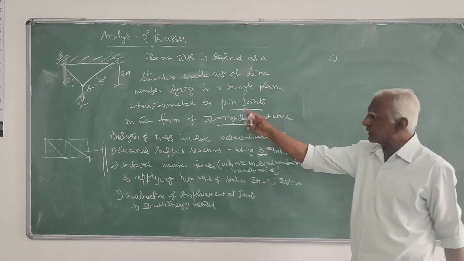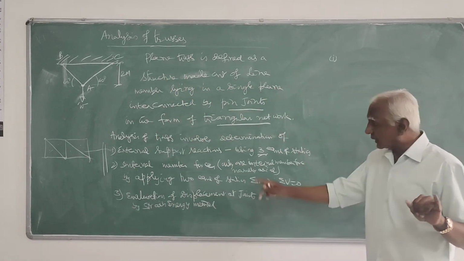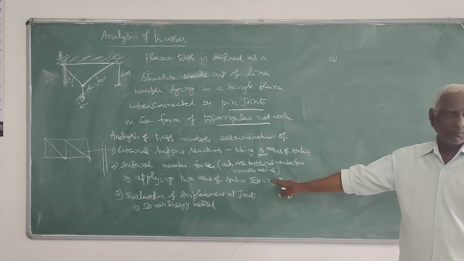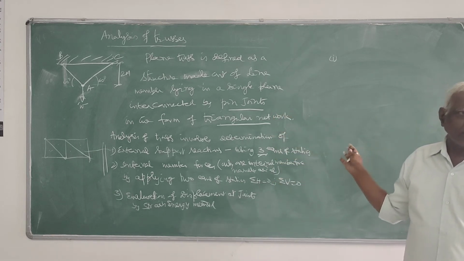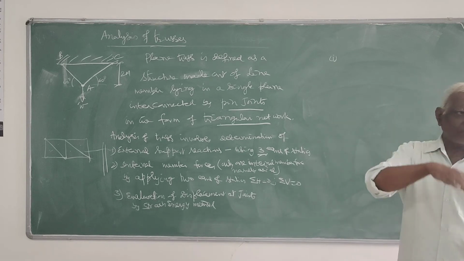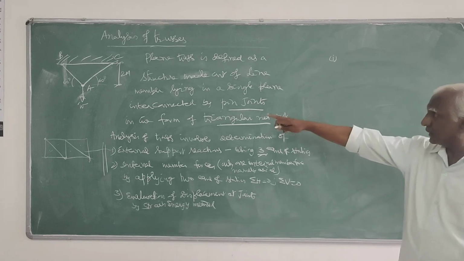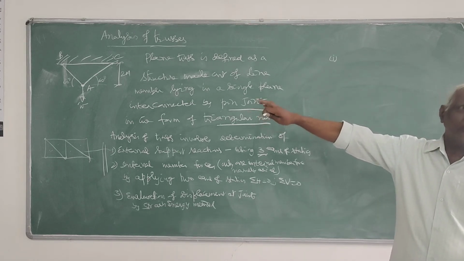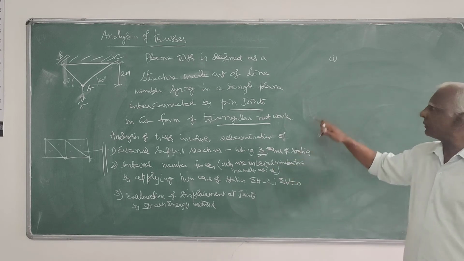So for analysis of these plane trusses, that is for determining the internal member forces. Of course, support reactions you can determine the usual way, that is applying 3 equations of equilibrium, sigma Fx equals 0, sigma Fy equals 0, and sigma Mz equals 0. And in this problem, as I told you, you can avoid that and find only the internal member force.